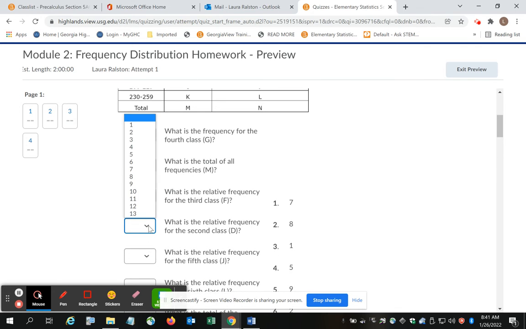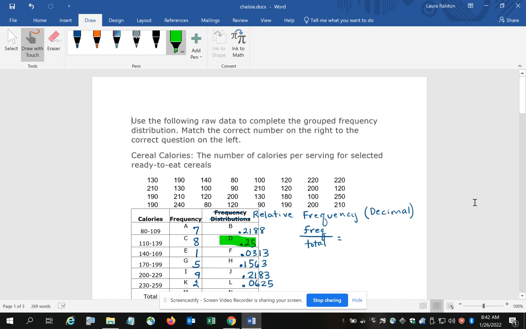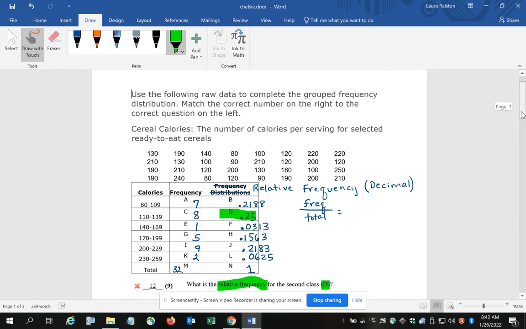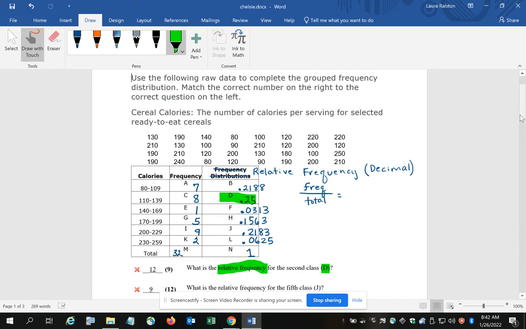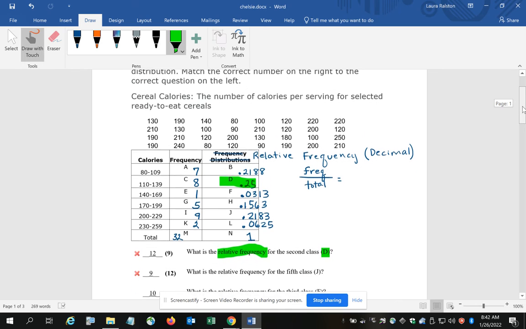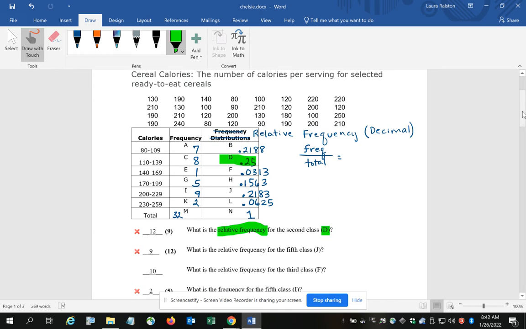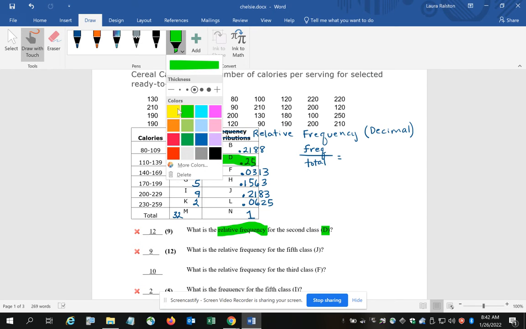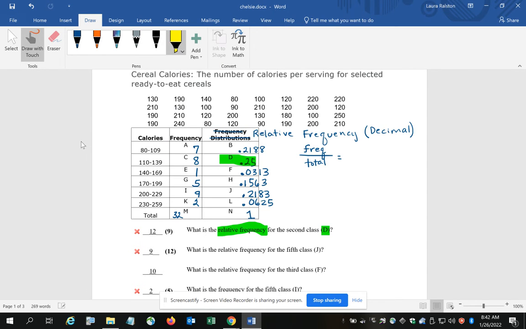So in this little box, I'm going to choose option number 9, because that is the answer of 0.25. It may be easier to create your frequency distribution first and then go through the questions. And again, it's important that you pay attention to whether you're being asked for relative frequency or just frequency.